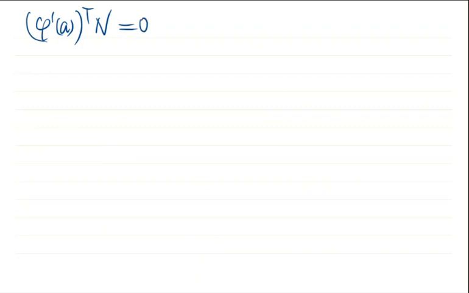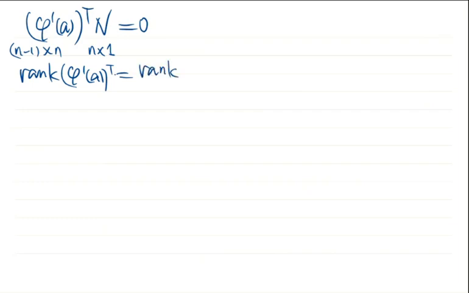This is an (n-1) by n matrix and an n-dimensional column vector. So this equation, because the rank of the coefficient matrix, the rank is exactly n-1, because transpose does not change the rank of a matrix.